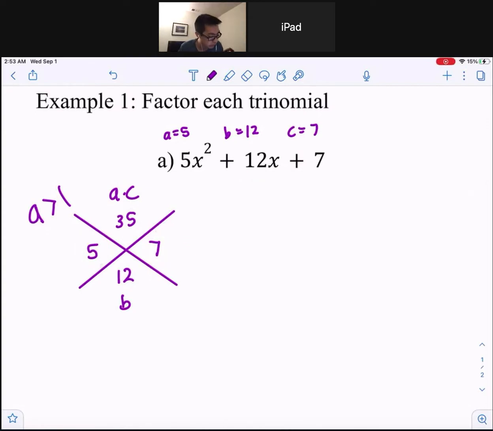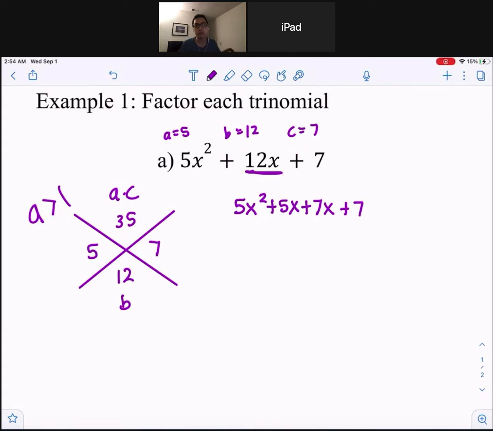So, watch, you guys. 5x squared, coming from here, right? We're going to split this off into 2 numbers. The 5, so plus 5x, and then the 7, plus 7x. See, you guys? 5x plus 7x is this one, right? 12x. And then we're going to add the plus 7 coming from here.